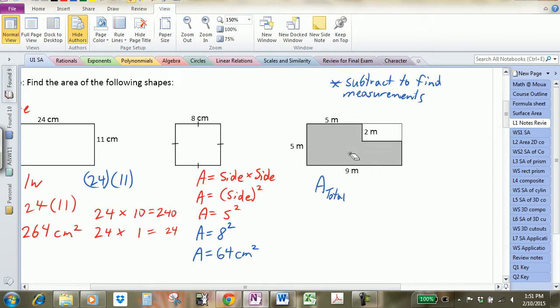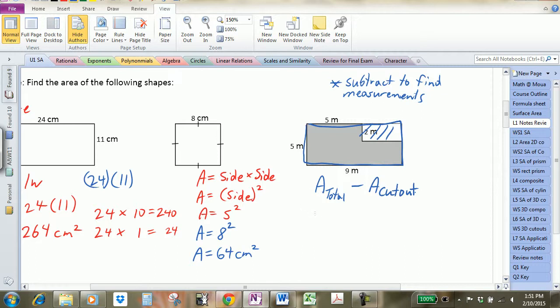So we're going to look at this and find this as if it's a big rectangle and nothing's been removed. Okay. And then we're going to take away the cutout. So I'm using a subscript letter to help explain what area I'm talking about. Okay, so area total minus the area of the cutout. So we just write the words down below as a subscript.